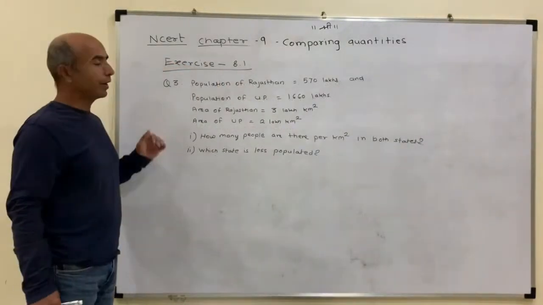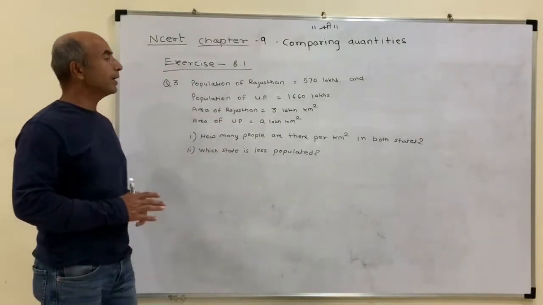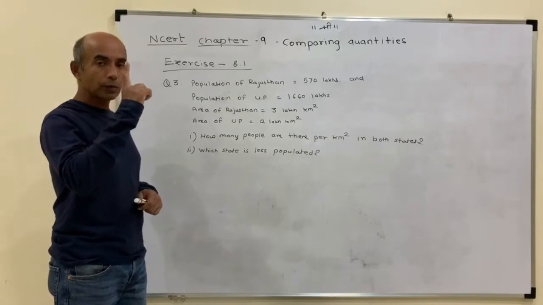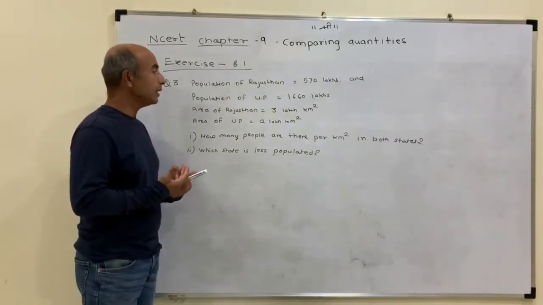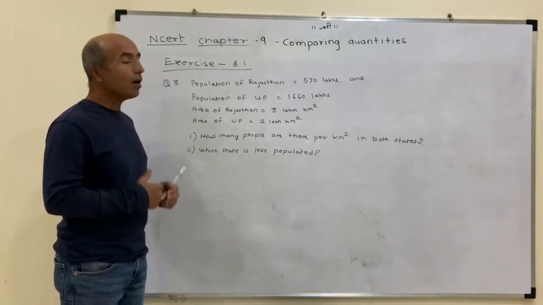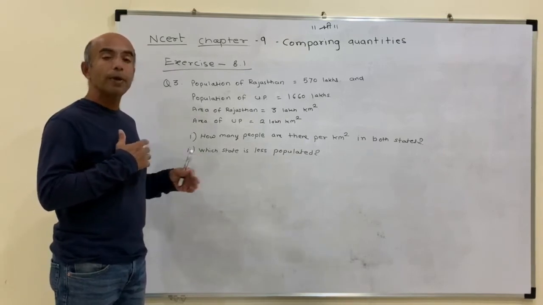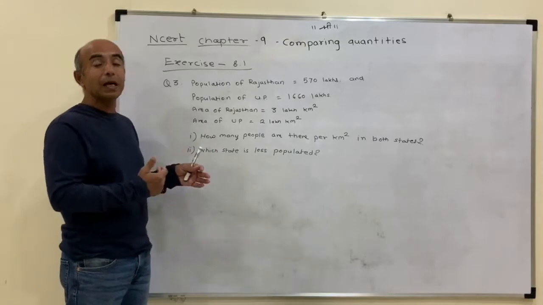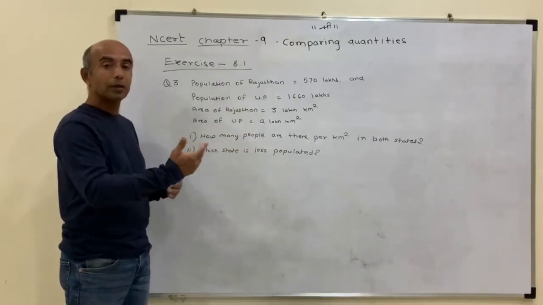Now the question 3. The population of Rajasthan is 570 lakhs. 1 lakh is equal to 100,000. Population of UP is 1660 lakhs. Area of Rajasthan is 3 lakh kilometer square. So we have already studied what is area and why it is being called square kilometer or square meter.